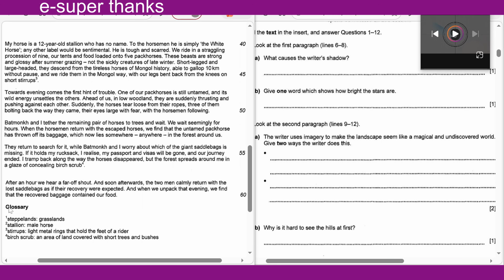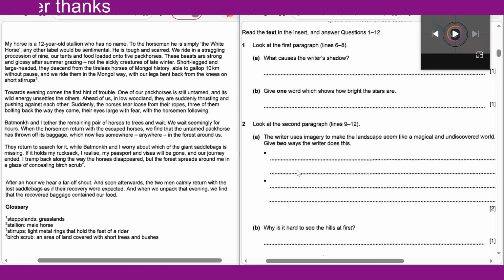Alright, guys, this is the glossary. Here is the meaning of the 4 words. Okay, let's start from number 1, guys.